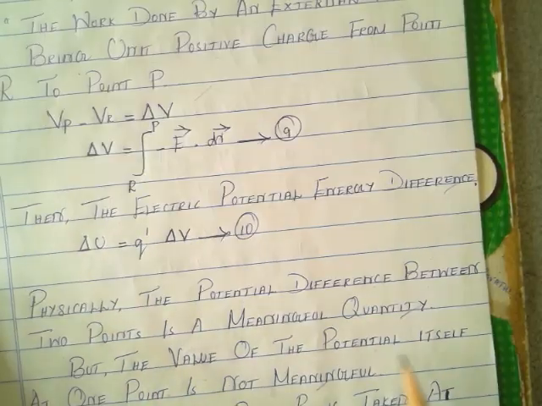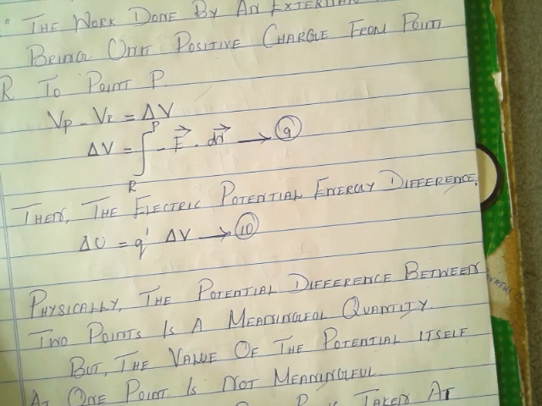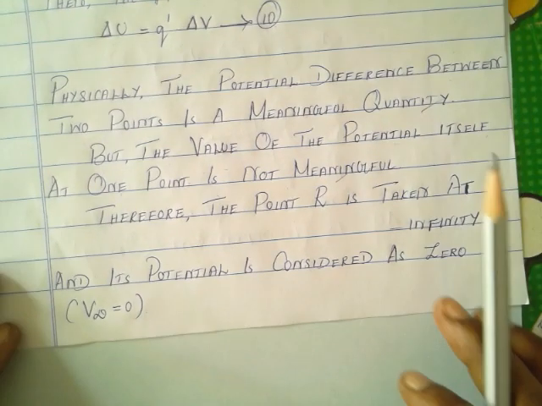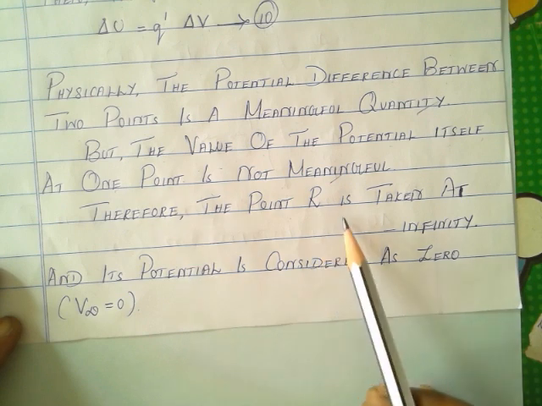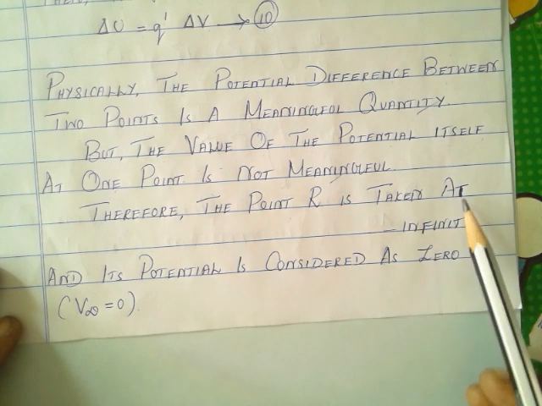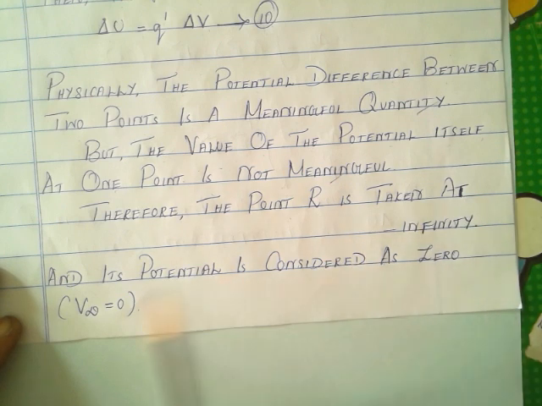That is why the value of the potential itself at one point is not meaningful. Therefore, the point R is taken at infinity and its potential is considered as 0. Therefore, V infinity is equal to 0.